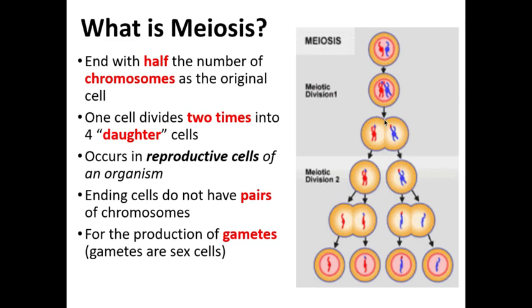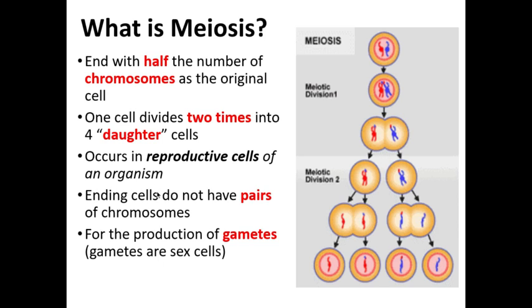And I'm going to get two cells at this point, and these are going to have 46 chromosomes. And then through mitosis 2, I'm going to split those into two more cells. So I'm going to go from 1 to 2, and then I'm going to get four cells altogether after meiosis is done. And these are going to have half the genetic information.